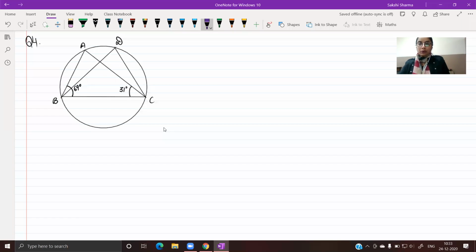In questions where you have to find out an angle, you can avoid writing the given. It is okay even if you don't write it. That is required when you're writing a question where a result is to be proved. But for this question, you can directly proceed with your answer. So angle BDC is actually equal to angle BAC here. These are angles in the same segment.